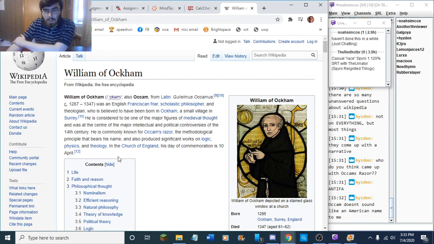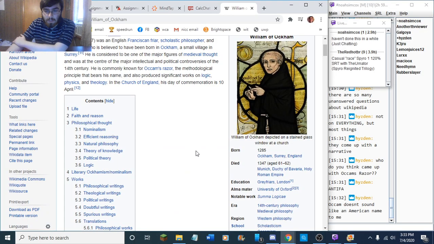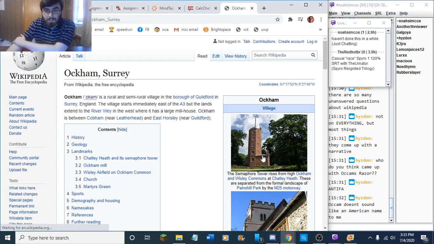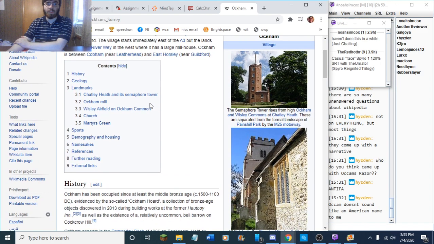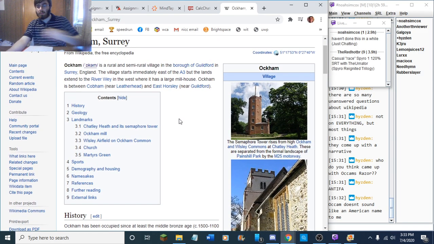Wow, he lived a long time ago. Let's see, where is Ockham? That's like a place. Ockham is a rural and semi-rural village in the borough of Guildford in Surrey, England. So it's basically named after a guy who was from Ockham, which is a place in England. So it actually is not American, but it's British. The origin of the name is British.